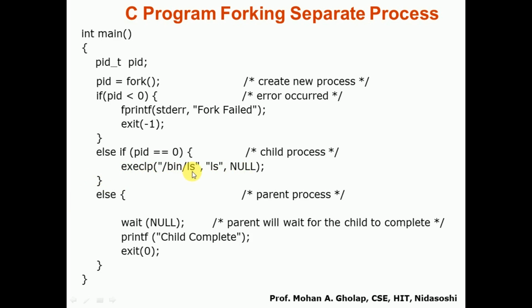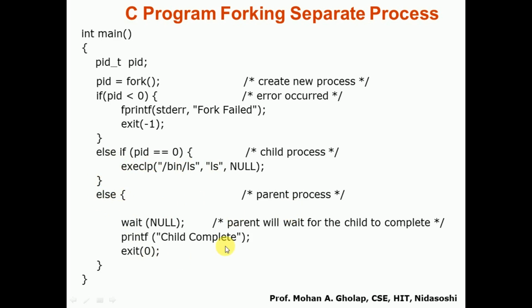The first one is the path name. Here /bin/ls indicates the program to be executed, which is nothing but the execution of the ls command. You want the child process to execute the ls command, so you call exec by passing the argument /bin/ls. As a result, in the child process, the ls command will be executed and its output will be displayed.